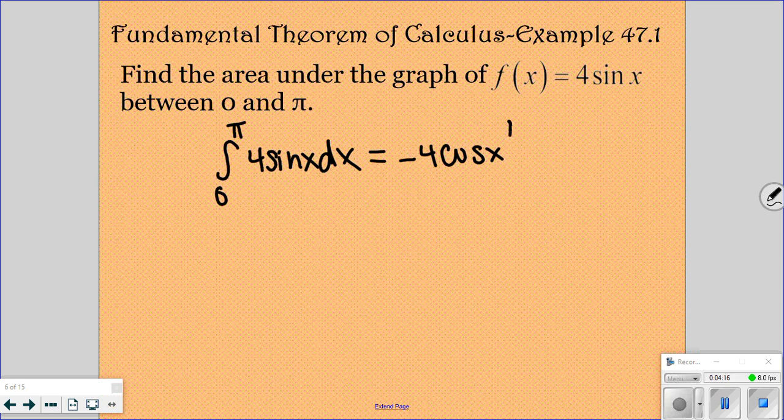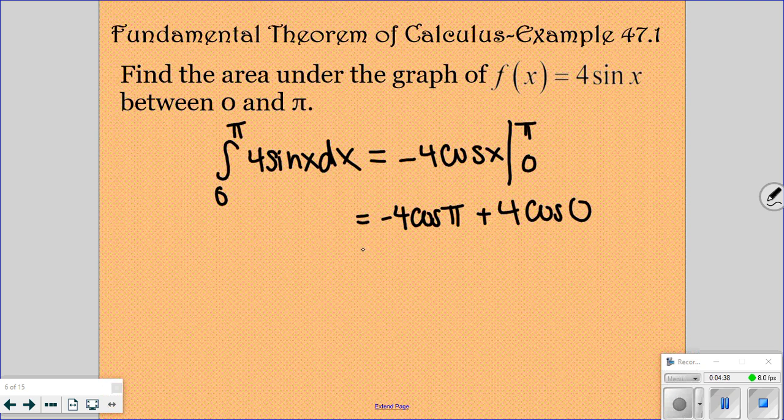Okay, so now we're going to evaluate it from 0 to pi. So we're going to say negative 4 cosine of pi, and then minus negative 4 cosine of 0. So minus a negative became a positive.